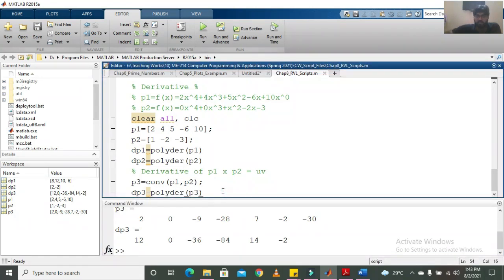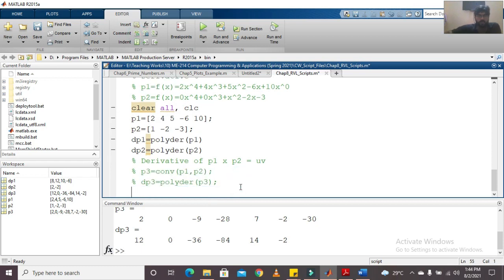And for such cases, I will again use the function polyder. But inside the input argument, instead of defining only one polynomial, I will define two polynomials.